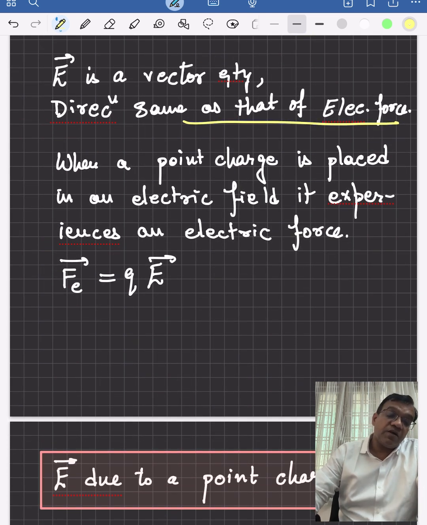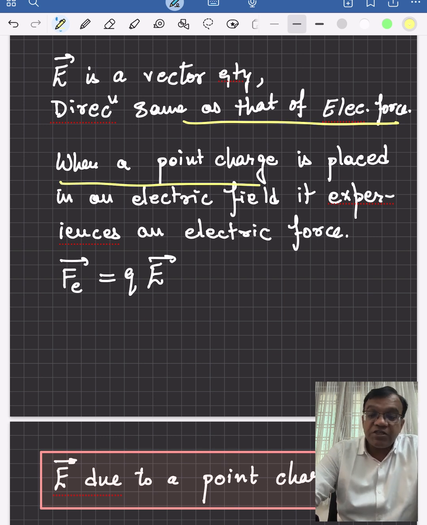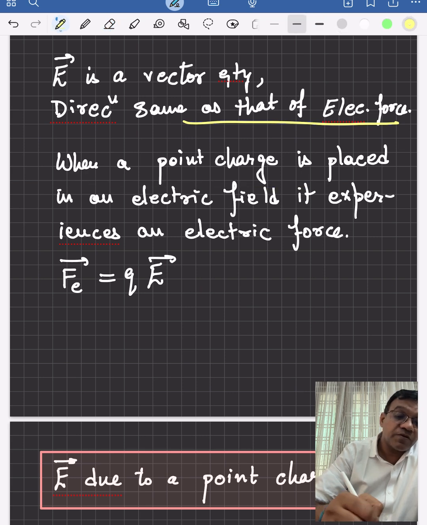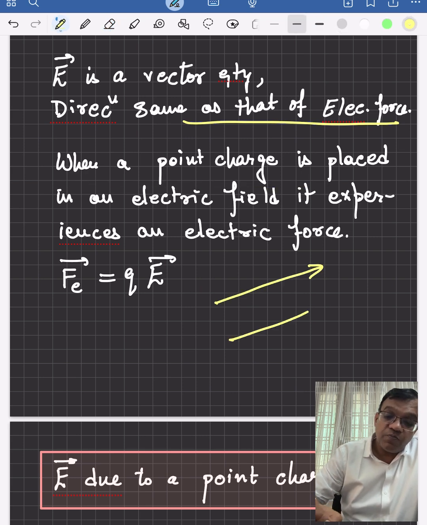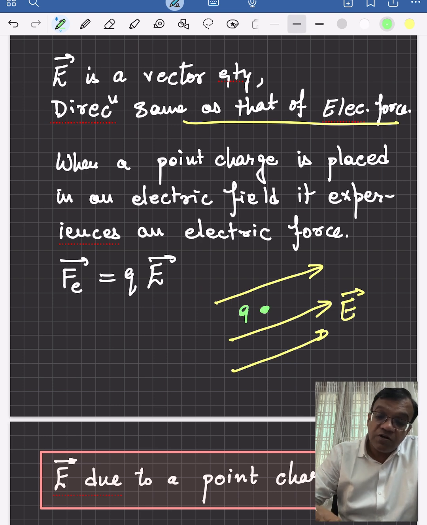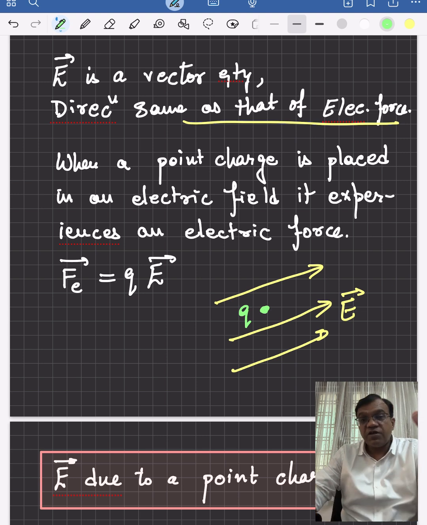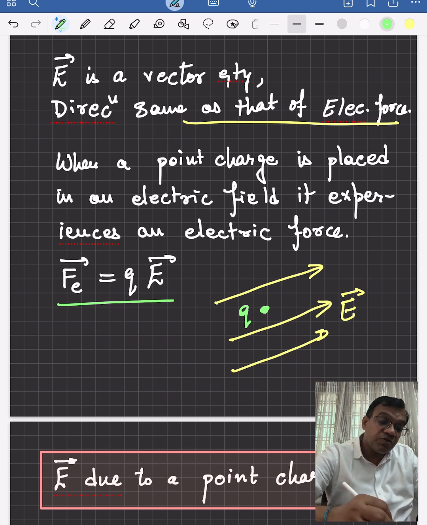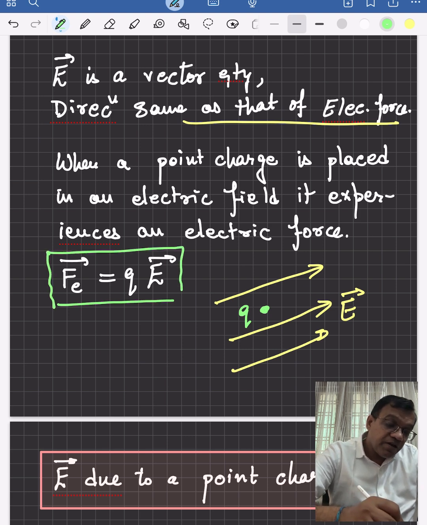Now, another point, try to understand these words. When a point charge is placed in an electric field, let us say some electric field is there and in this electric field one point charge Q is placed, then it will experience a force. That force will be given by F vector equal to QE.